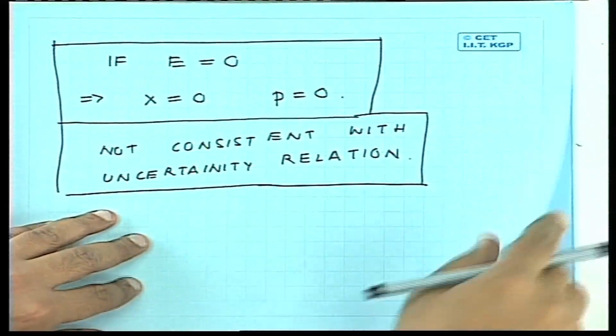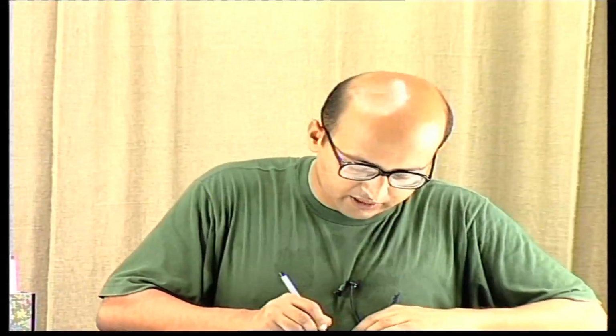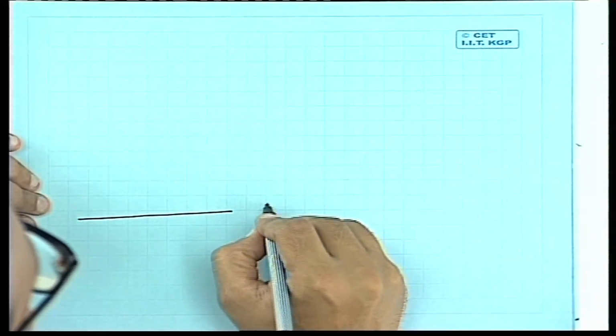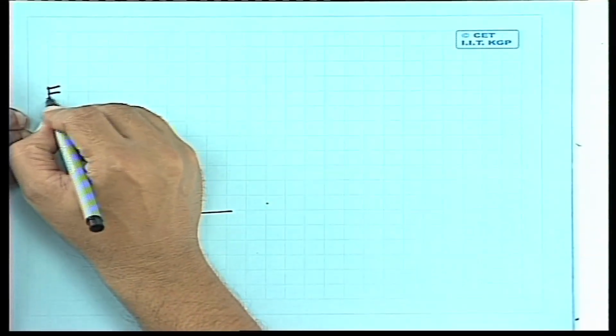Let us look at another feature, so let us now draw the eigenvalue spectrum. I have the lowest energy, and I am plotting E here, with the different allowed values of energy.